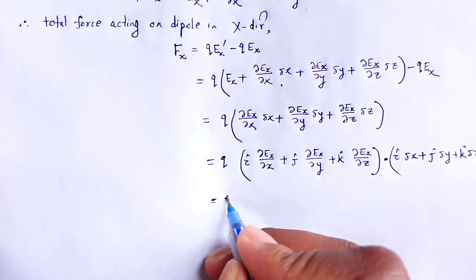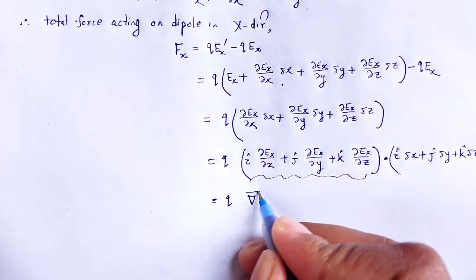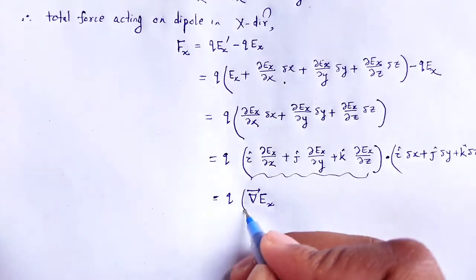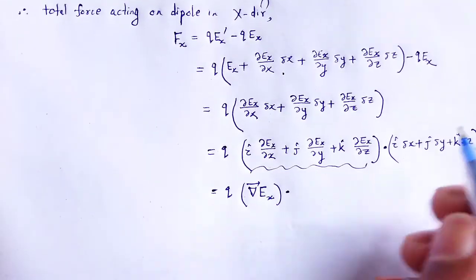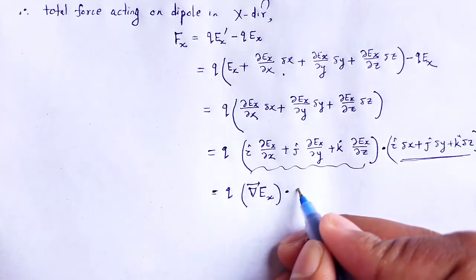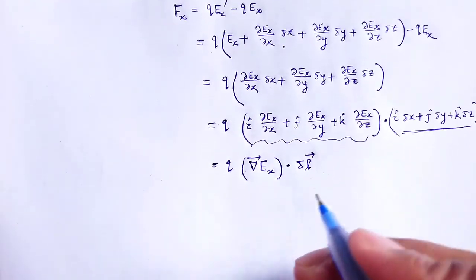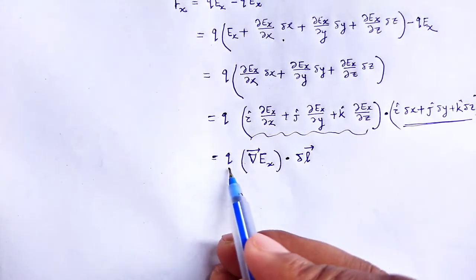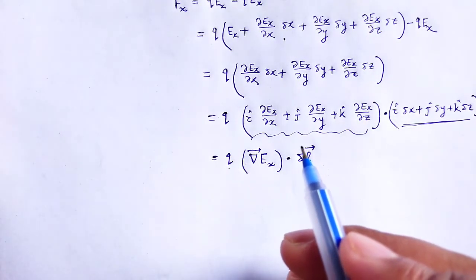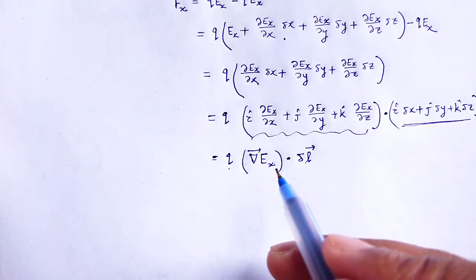Here q times that entire term is the gradient of the x component of E, dotted with the change in length, delta L. q dot delta L, that is charge into the small change in length of the dipole, is the dipole moment.